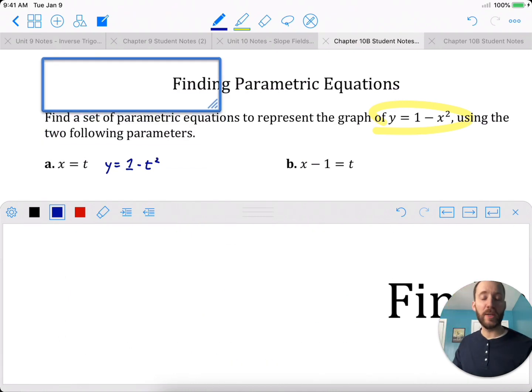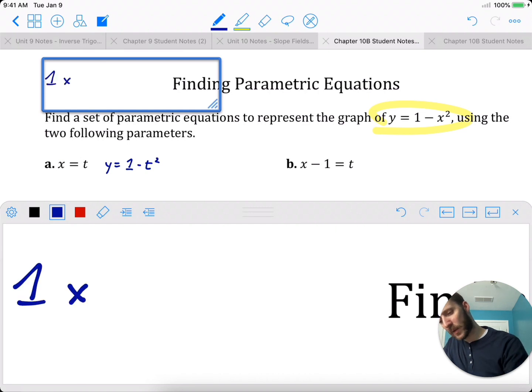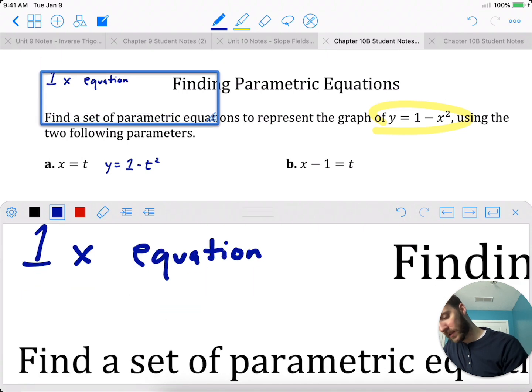And when you're finding parametric equations, you want one x equation. And you want one y equation.